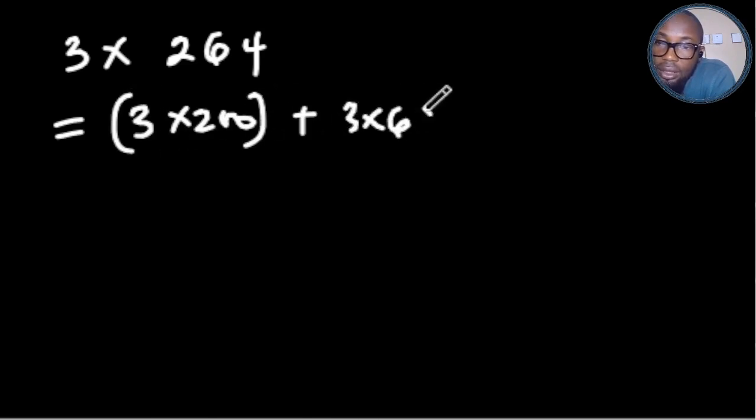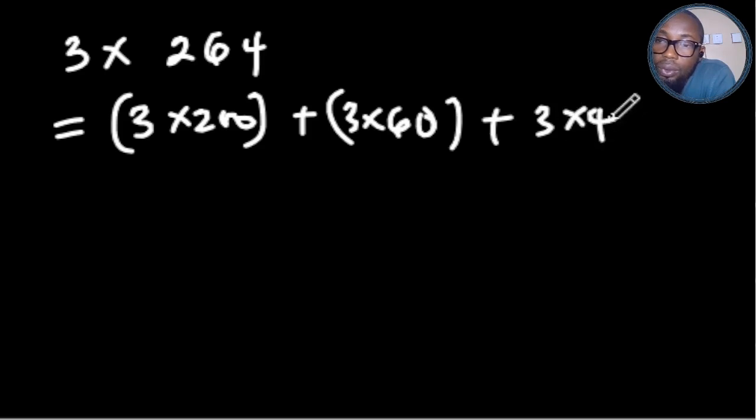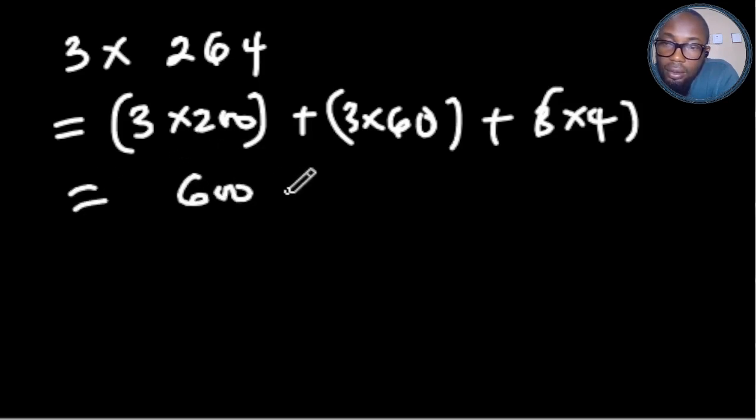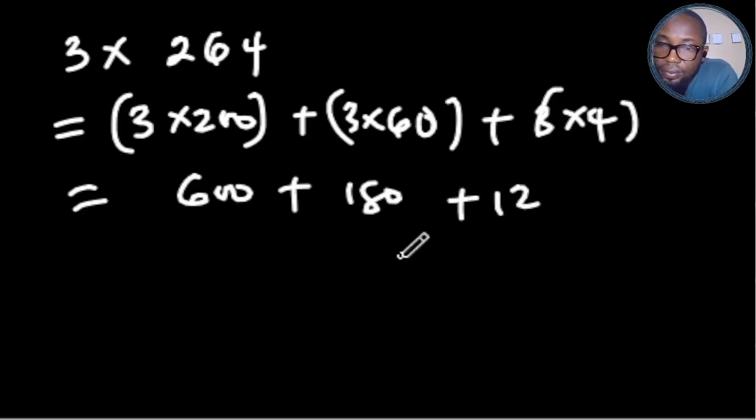3 times 60, plus what? 3 times 4. This will give us 600 plus 180 plus what? 12.